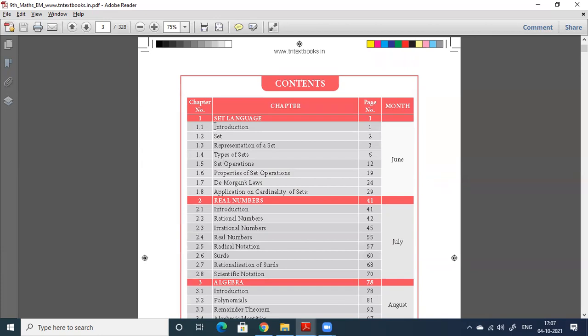This month, October, we will finish set language and algebra. Then next month, November, we will finish real numbers and geometry, and after that we will start the revisions. December onwards we'll start revision. Okay, that will be fine. Then you will have very good confidence.